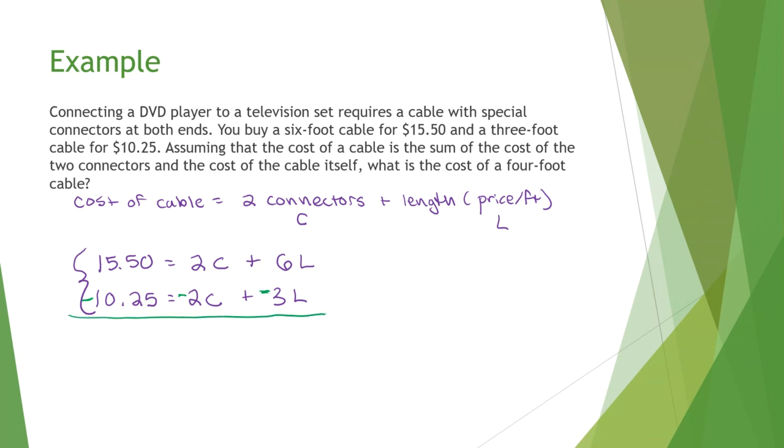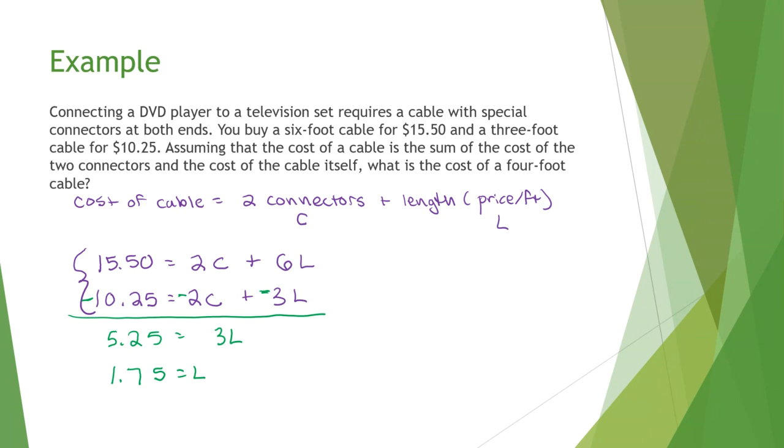So I have 1550 minus 1025. So I get 525. The 2C minus 2C cancels, and that gives us 3L. So then I need to divide that by 3, and that gives me 175 as the cost of a length of cable. So 1 foot of cable is $1.75.